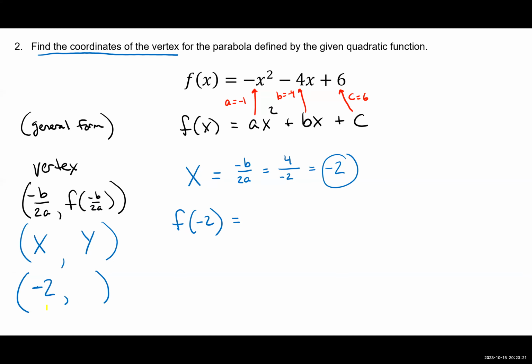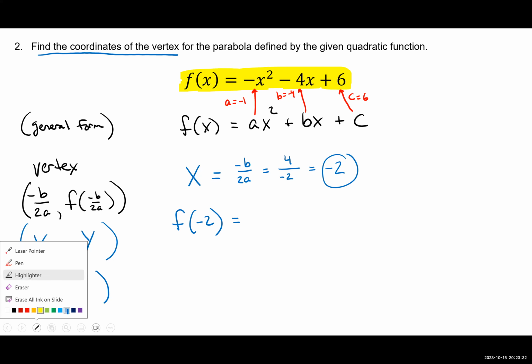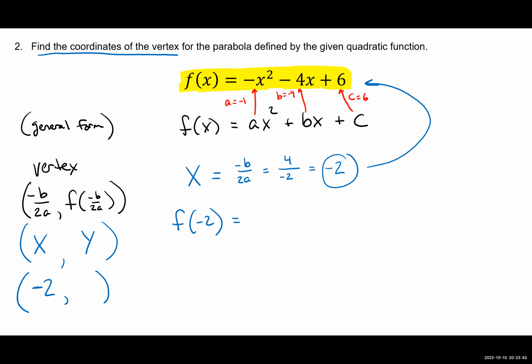This is our original function. And we're plugging in -2 for x. So -x squared, well, x becomes -2. So that's negative of a -2 squared minus 4 times -2 plus 6.